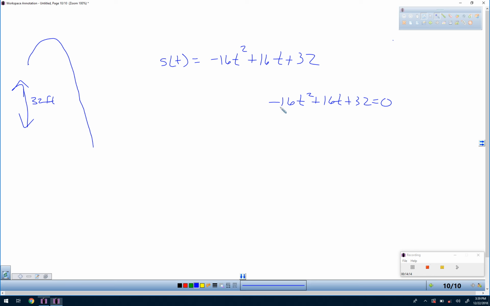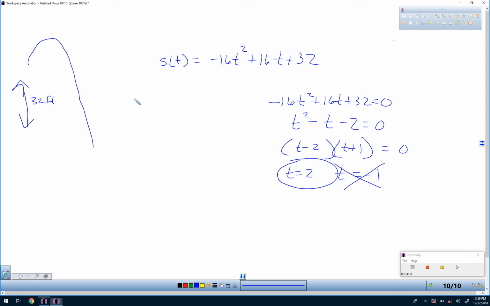I notice that I can divide everything by negative 16, so that gives me t squared minus t minus 2 equals 0, which is easy to factor. So I'd have t minus 2 and t plus 1. Set each equal to 0, so I get two answers: t is equal to 2, t is equal to negative 1. But of course, in the context of this problem, we don't associate negative time. So it's going to take 2 seconds for the diver to hit the water.